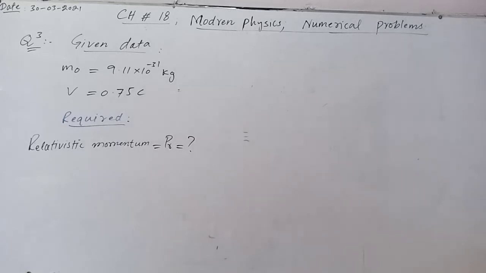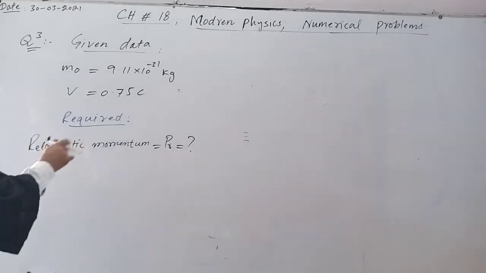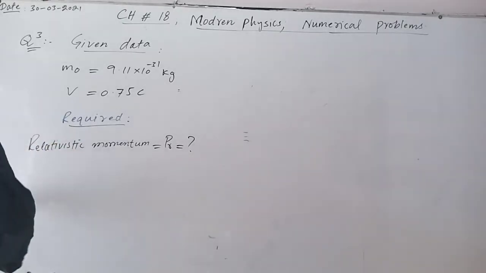With this, we have to compare this value with the momentum calculated by the classical expression. So how to calculate this relativistic momentum? To calculate this relativistic momentum, first of all we will calculate the dilated mass.